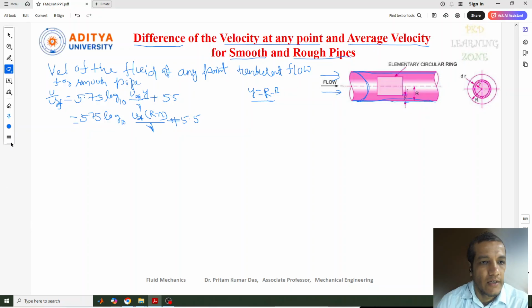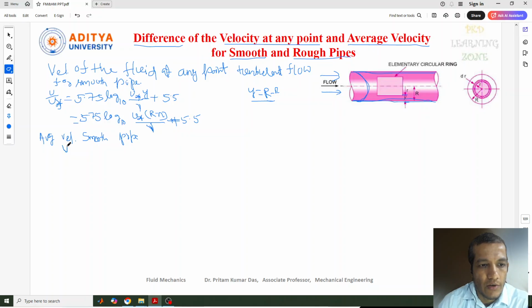So this is the equation for the velocity of the flow at any point for turbulent flow in smooth pipes. Now for the same condition, the smooth pipe, what is the average velocity we got? Again we need to write the average velocity of the smooth pipe in turbulent flow only.